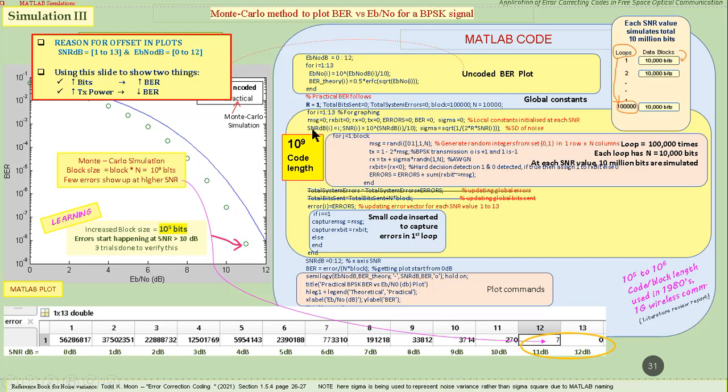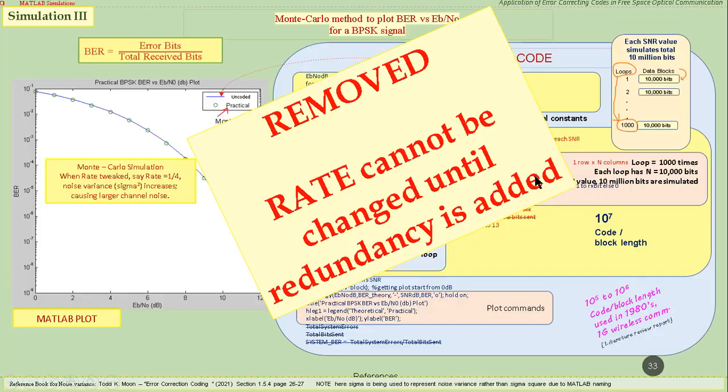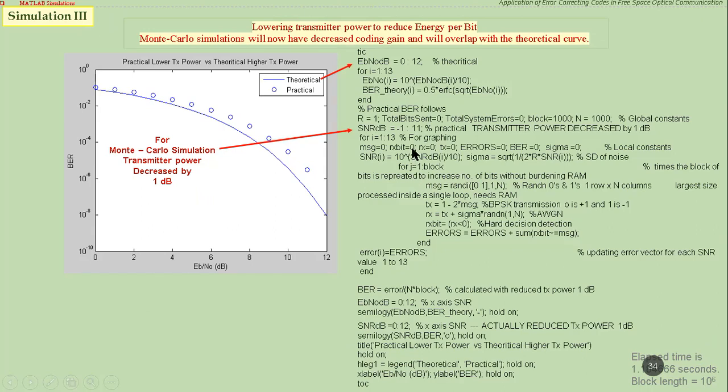So I have corrected this just by deleting this and keeping the SNR somewhere here. It should be written that way in the corrected code. There I have removed it and I have set the SNR to change from lower than 0 dB to show that yes, it then creates more errors.